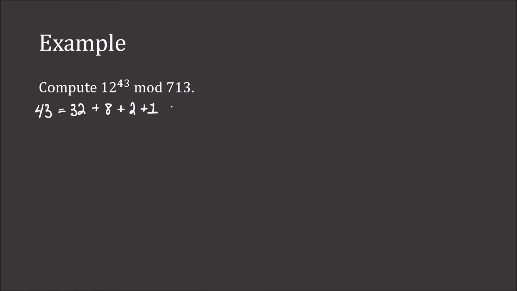So what this means is that 12 to the 43 is 12 to the 32 plus 8 plus 2 plus 1, which would be 12 to the 32 times 12 to the 8th times 12 squared times 12.